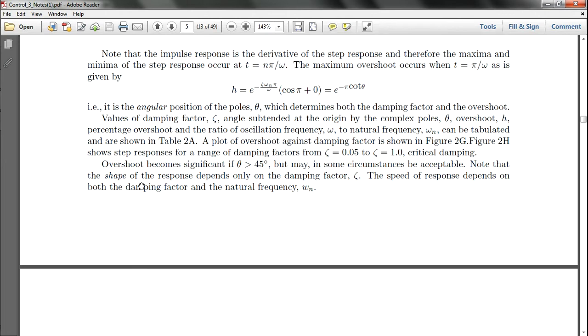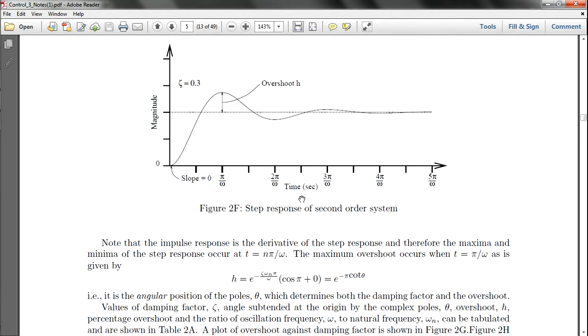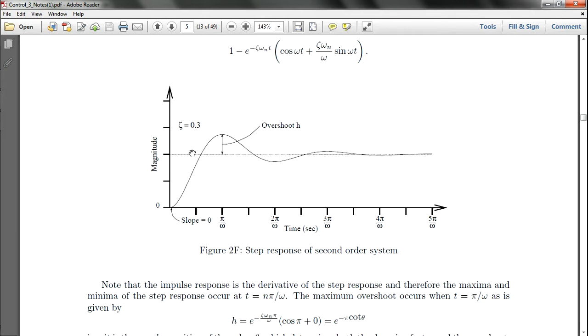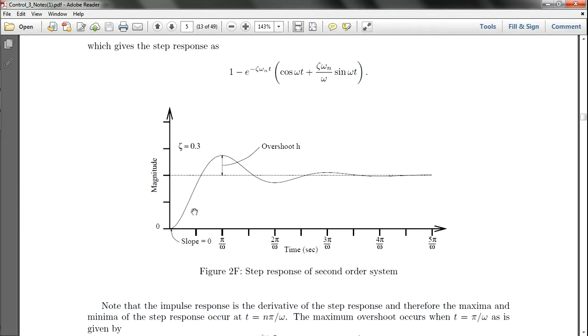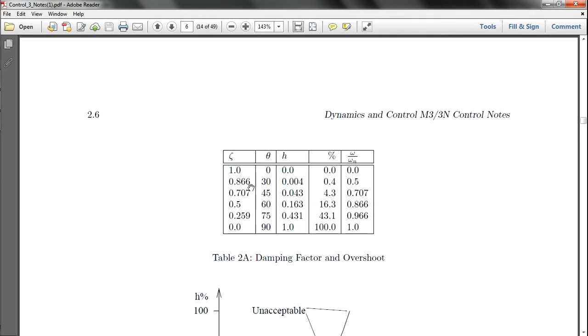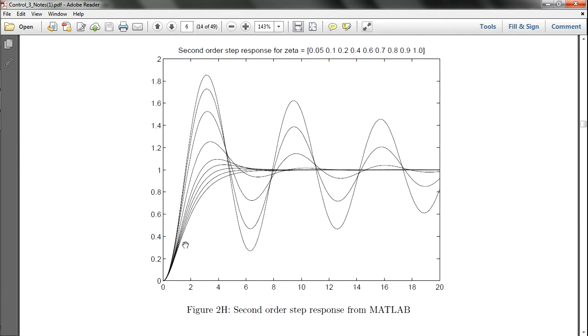The shape of the response depends only on the damping factor, and the speed of response depends on both the damping factor and the natural frequency. If you ask me what the shape of the response is, I would say it is this shape, including how high it oscillates, and that depends on the damping factor.